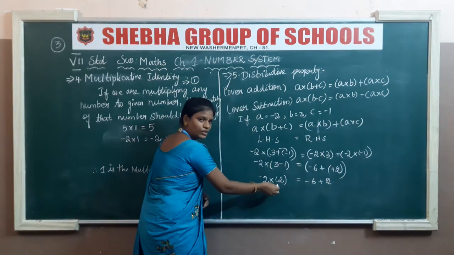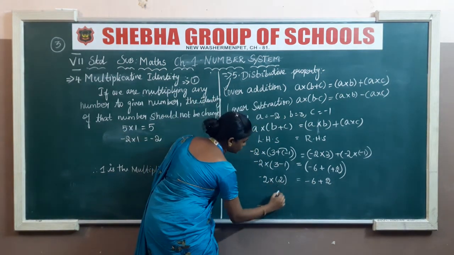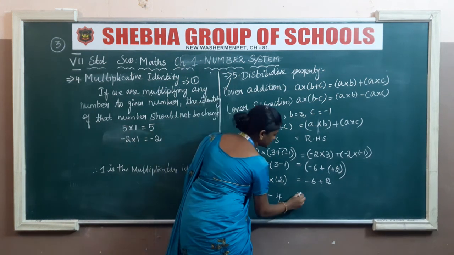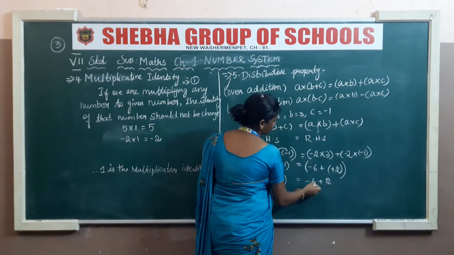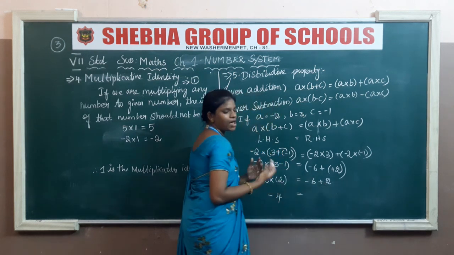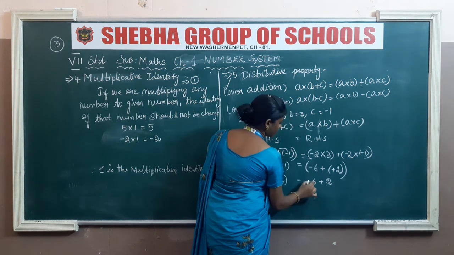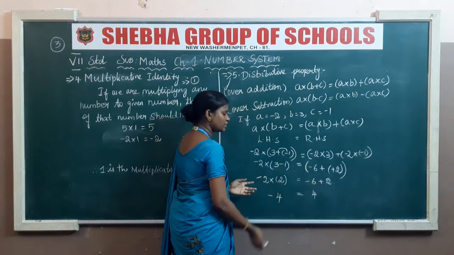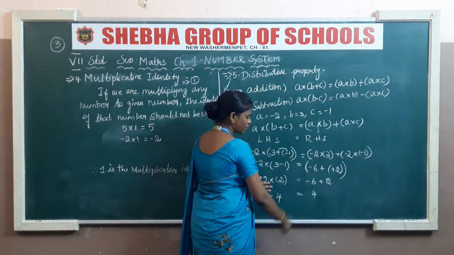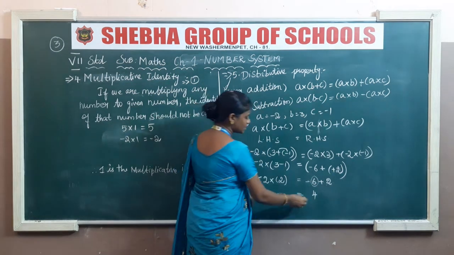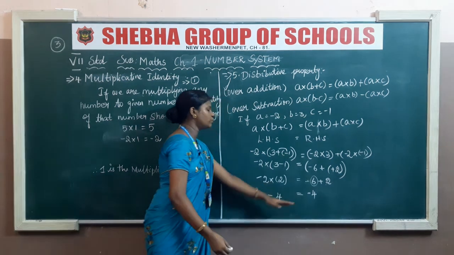Then minus 2 into 2, 2 2s are 4, minus into plus should be minus 4. On the other side, minus 6 plus 2: 6 minus 2 is 4, the bigger number is 6 and the sign is minus. So minus 4 is equal to minus 4.